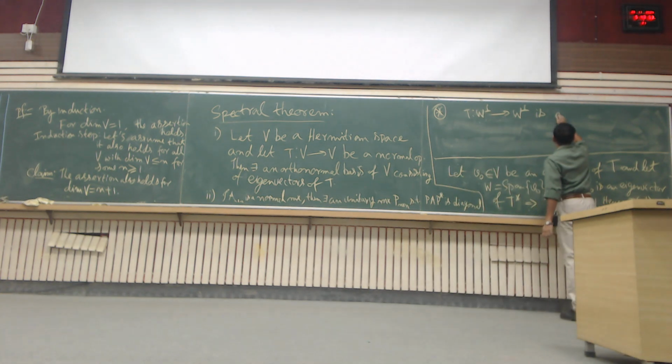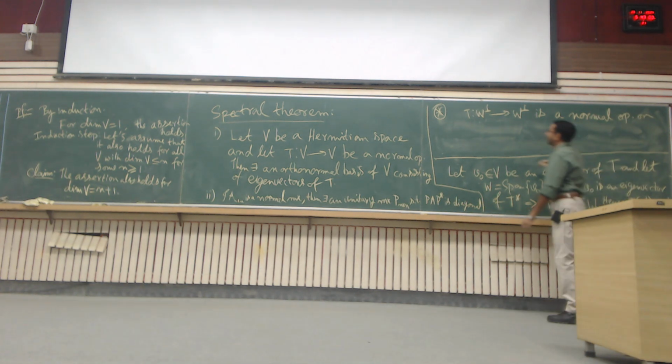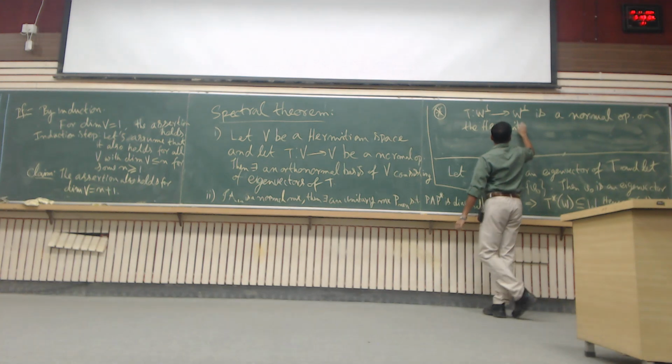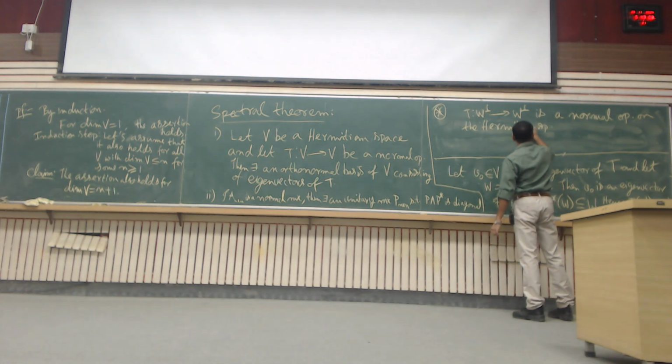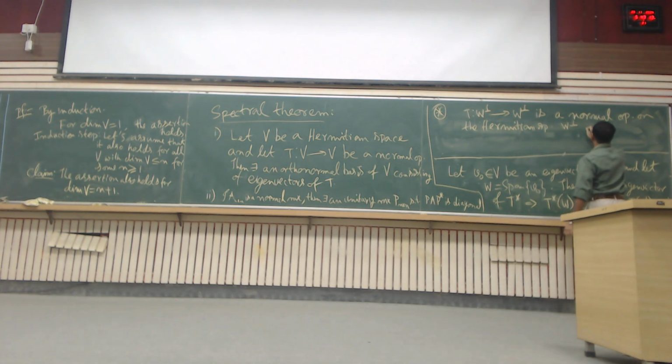T restricted is a normal operator on the Hermitian space W perp, and the dimension of W perp is equal to n.